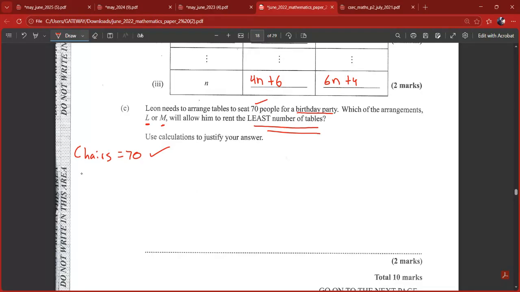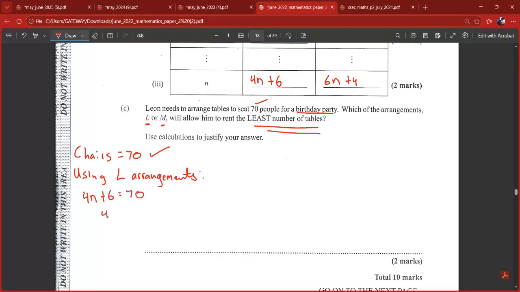So I'm going to say using L arrangements, we're going to have 4n plus 6 is equal to 70.